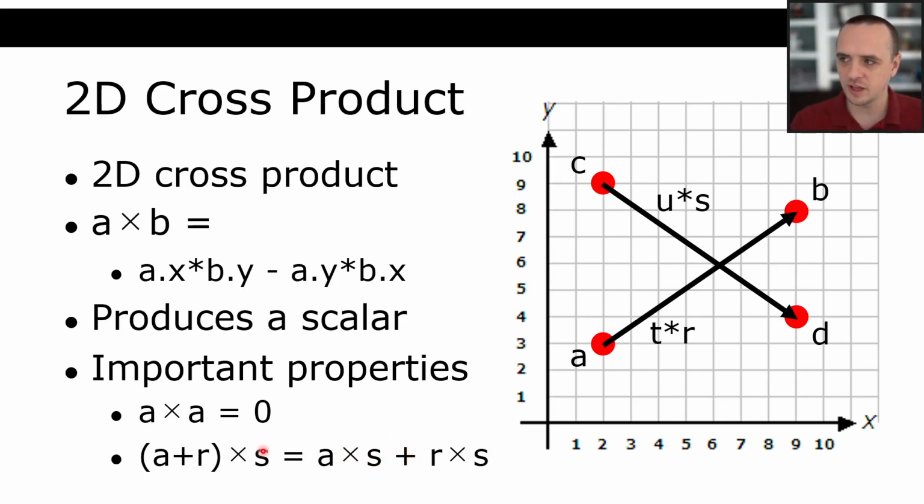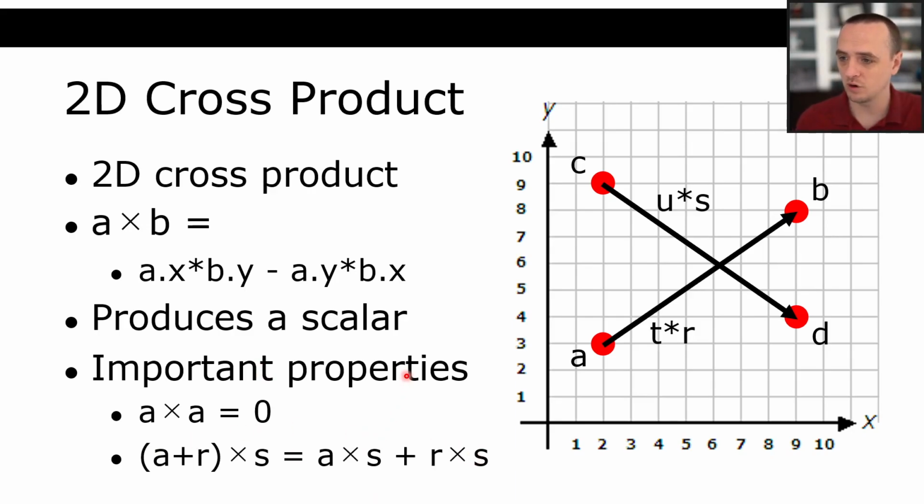So it's kind of like multiplication. I'm not going to say it's exactly the same, but it has this property of multiplication, where if you have two things that are added inside these parentheses and you cross them with a single thing, then you can multiply it out, so it's A cross S plus R cross S. So the two properties are anything cross itself is 0, and this property right here.